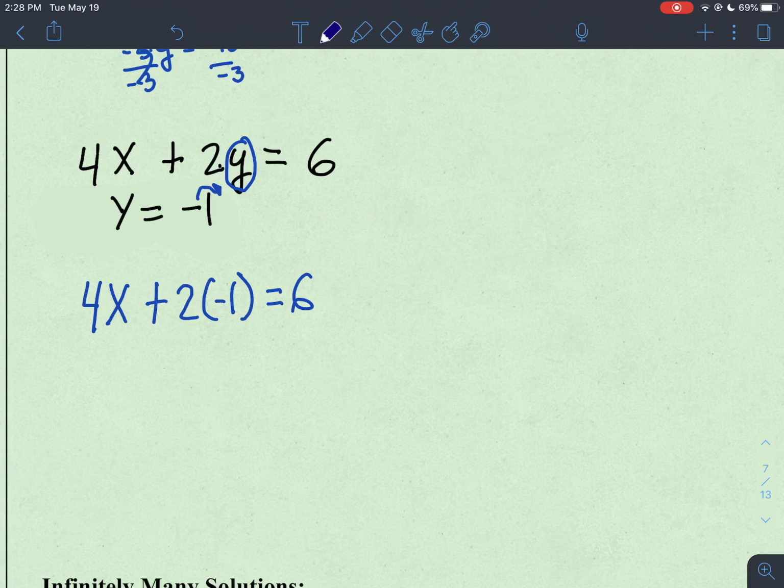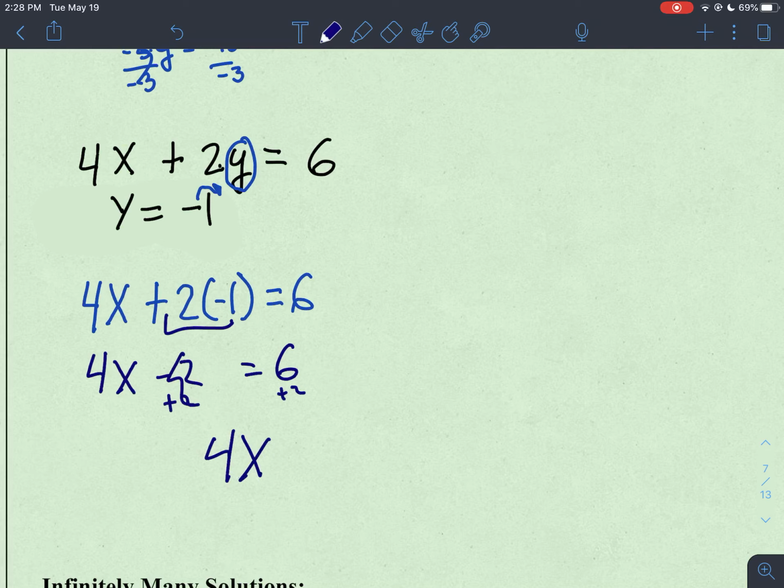So I've got 4x minus 2 equals 6. We're going to add 2 to both sides. And we've got 4x equals 8. Now, at this point, we can divide by 4, and I get x equals 2.